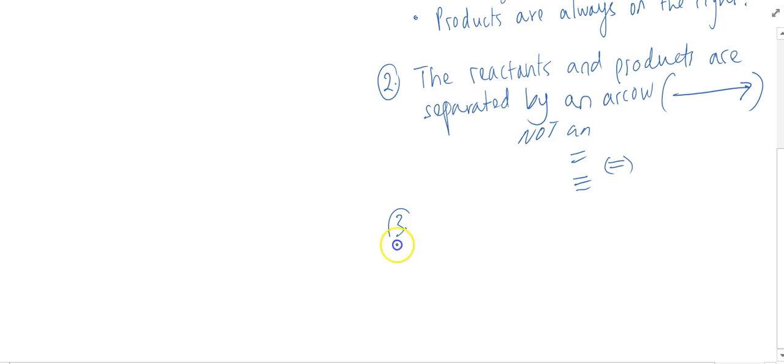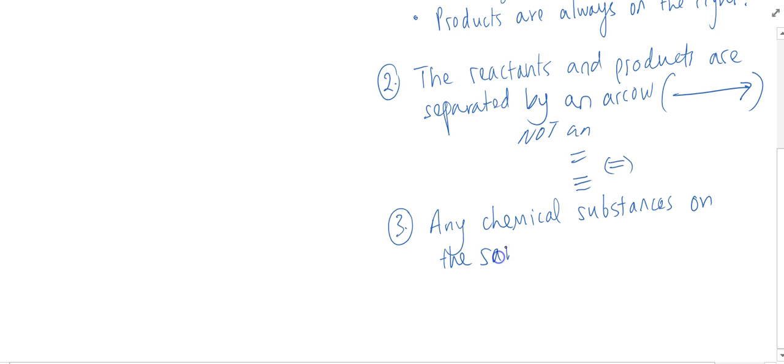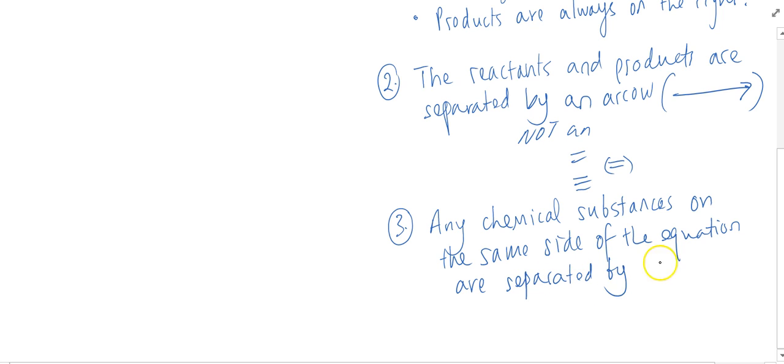The third thing is that any chemical substances on the same side of the equation are separated by plus signs.